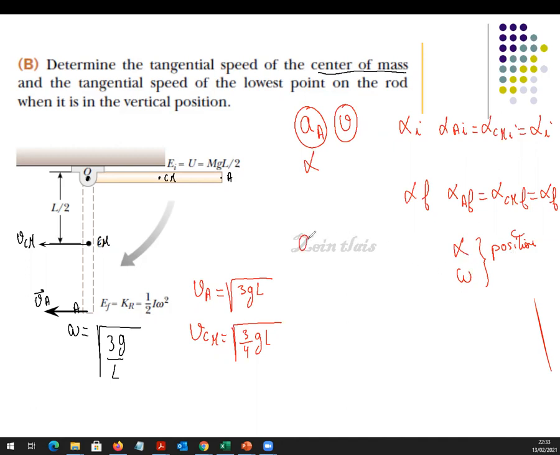But when we talk about A and V, you have to precise, first of all, the position. Second, we have to precise the point.